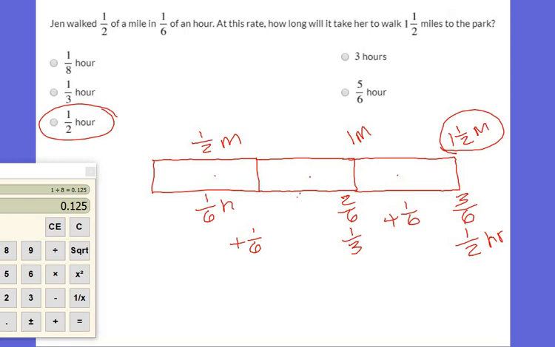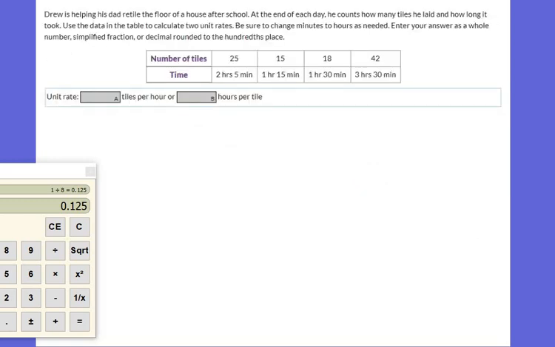All right, let's try another. Drew is helping his dad retile the floor of a house after school. At the end of each day, he counts how many tiles he laid and how long it took. Use the data in the table to calculate 2 unit rates. Be sure to change minutes to hours as needed.